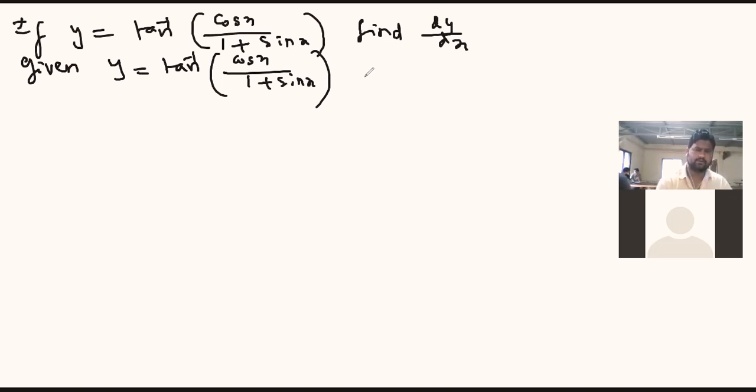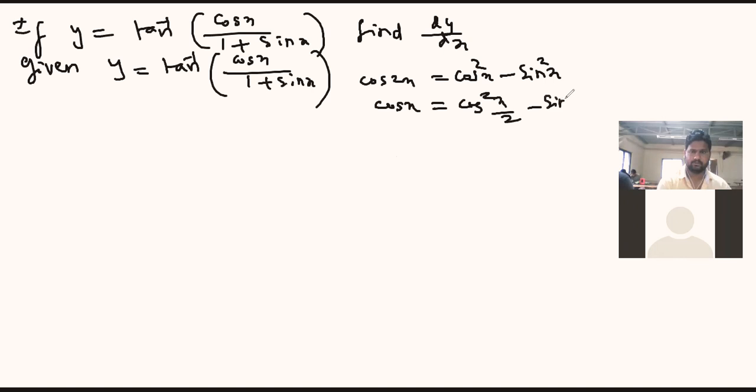We know that cos 2x is cos square x minus sin square x. So from this I can write cos x, replacing 2x by x, x replaced by x by 2. So it is cos square x by 2 minus sin square x by 2. This is the formula for cos x.